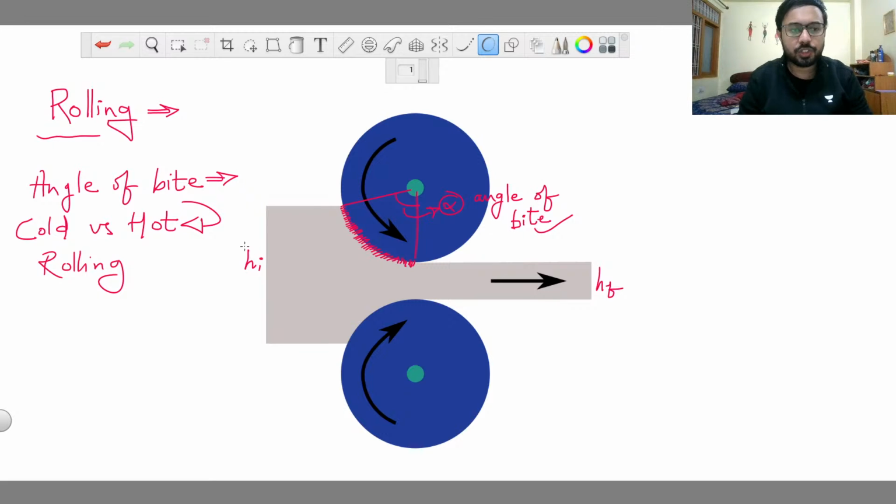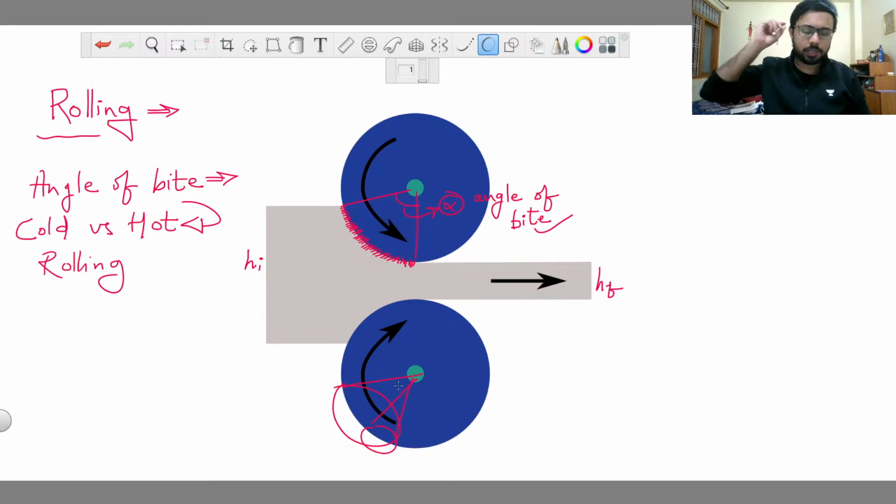Therefore more reduction will happen in hot rolling as compared to cold rolling, and since more reduction happens, the angle of bite will be more for hot rolling and less for cold rolling because of the less reduction. If less reduction is happening, the angle formed at the center will be less, and if more is happening, then the angle will simply become more.